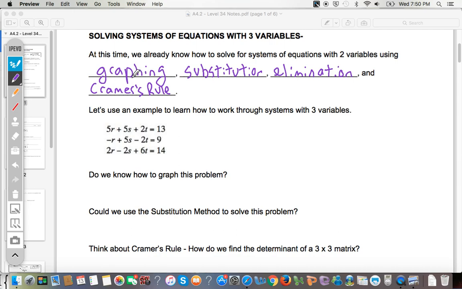So far we've taken all 4 of these strategies and solved 2-variable systems.